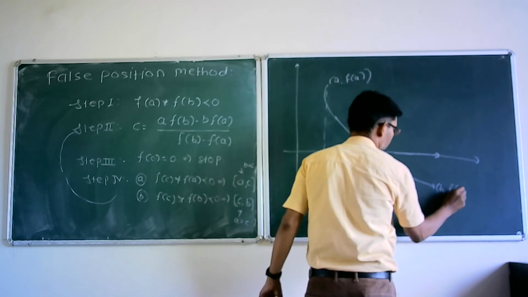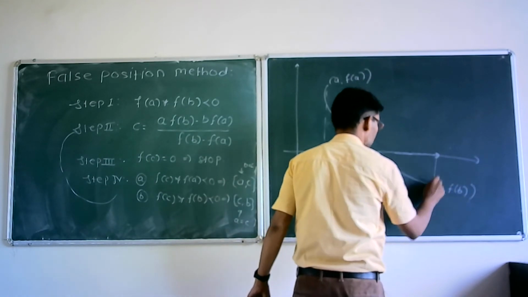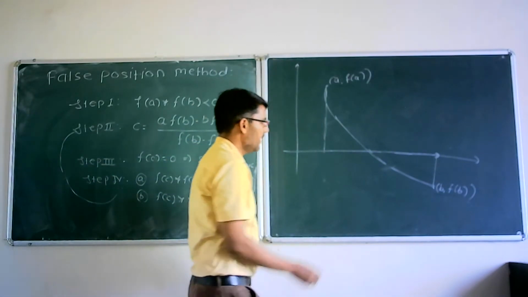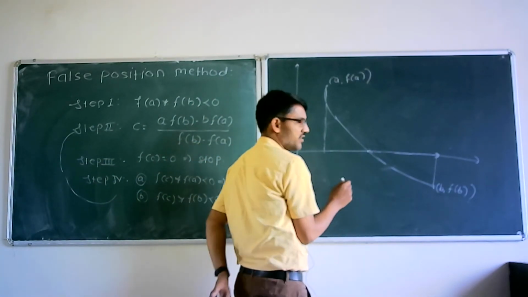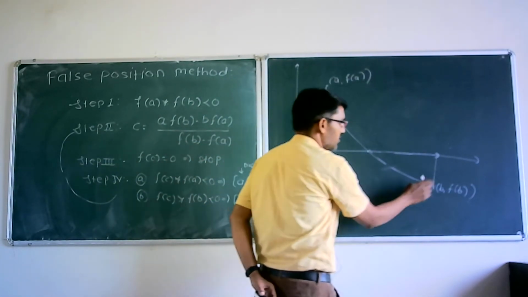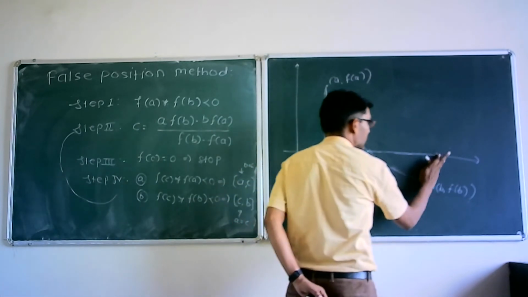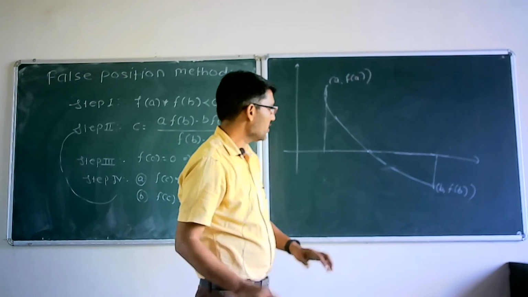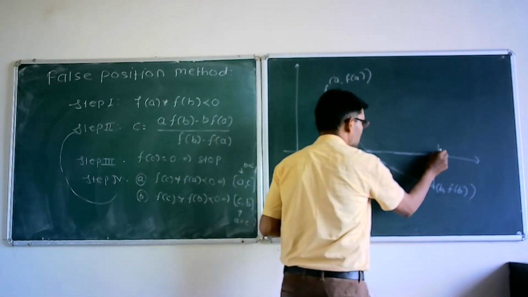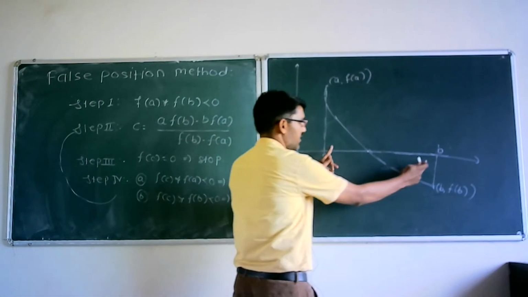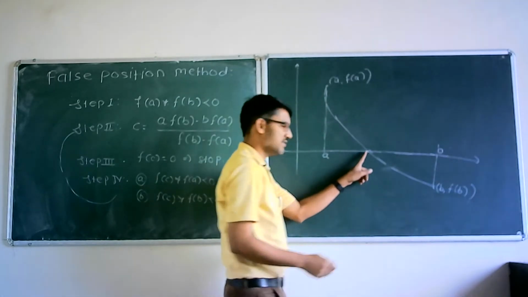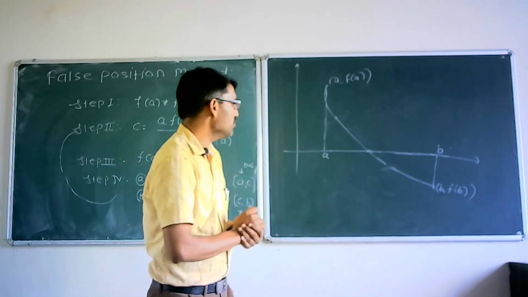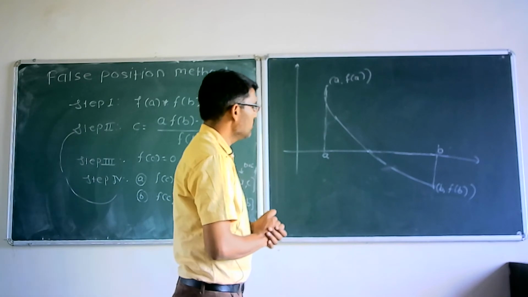We want to reach this point. Our root always lies between opposite signs, so our root lies in this interval. This is our root. At this point y is equal to 0, or f of x is equal to 0.